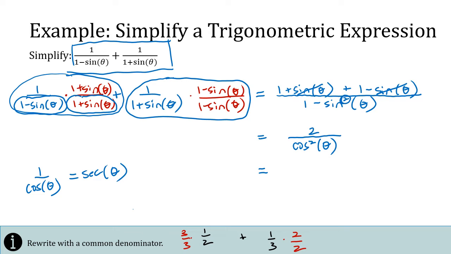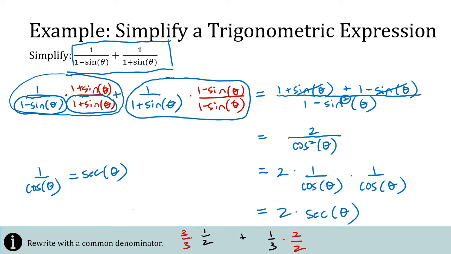Let me do it like this: this could be equal to 2 times 1 over the cosine of theta times 1 over the cosine of theta. And that's going to equal 2 times the secant of theta times the secant of theta, which I can call secant squared. And so I think that looks pretty good, and I'm going to stop right there.